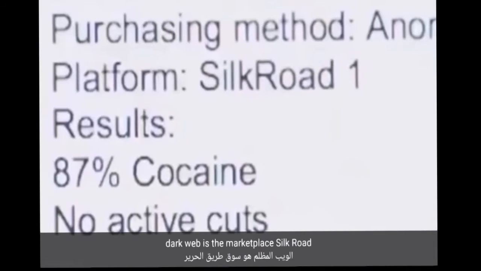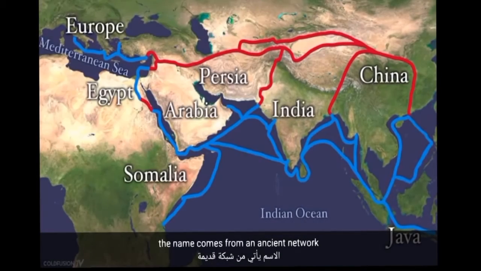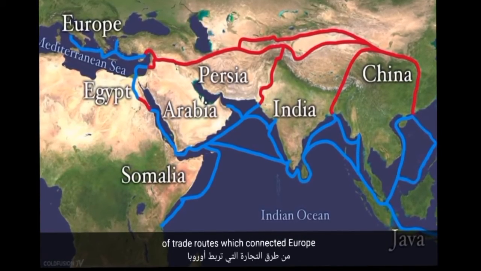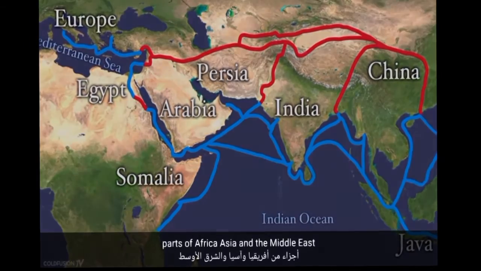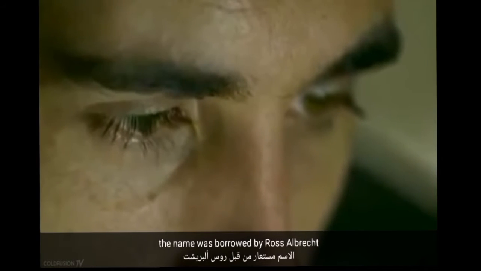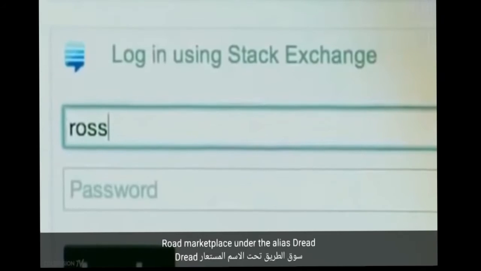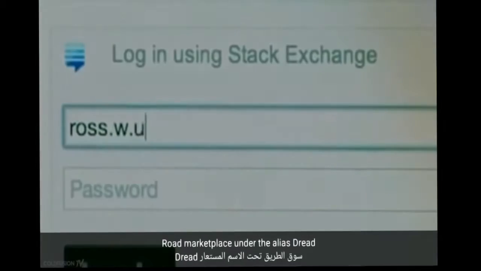One of the most infamous sites on the dark web is the marketplace Silk Road. The name comes from an ancient network of trade routes which connected Europe, parts of Africa, Asia, and the Middle East. The name was borrowed by Ross Ulbricht in 2011 when he set up the first Silk Road marketplace under the alias Dread Pirate Roberts.